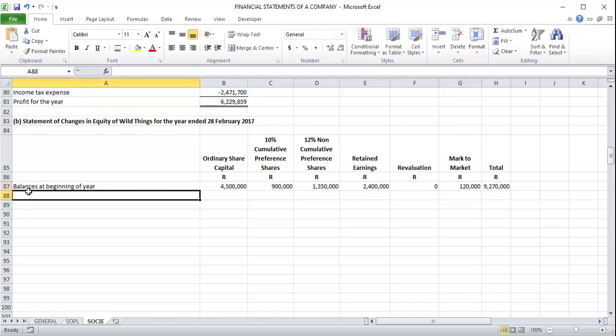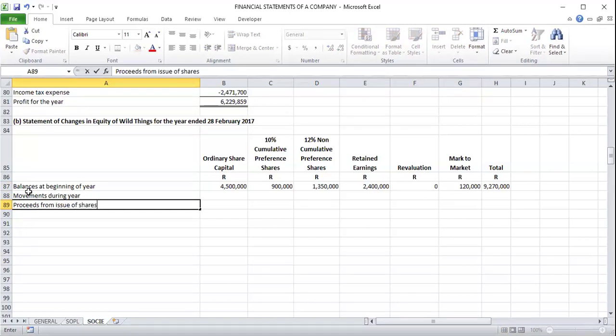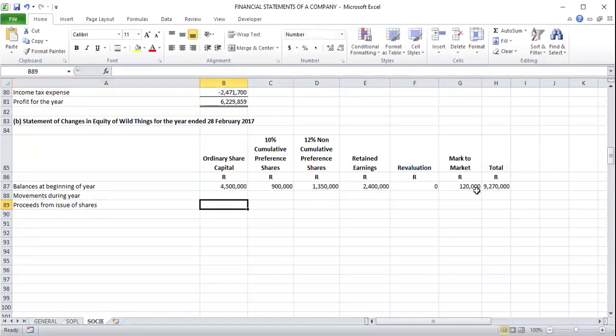Then we'll have movements during year. We have proceeds from issue of shares. Right. On ordinary shares were given.